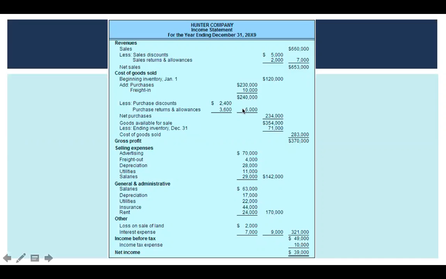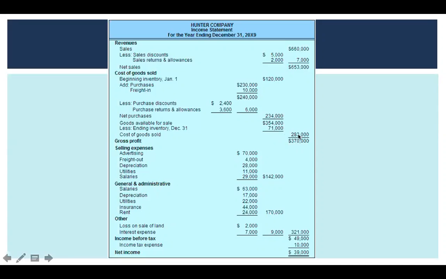But they did need to return some things. So they didn't actually sell all of that 230. They only took in and took responsibility for, say, $234,000 here. So that gives them $354,000 worth of inventory or goods available for sale. At the end of the year, they had $71,000 worth of inventory left. So at the beginning of the year, they started with $120,000, and they had $71,000 at the end.